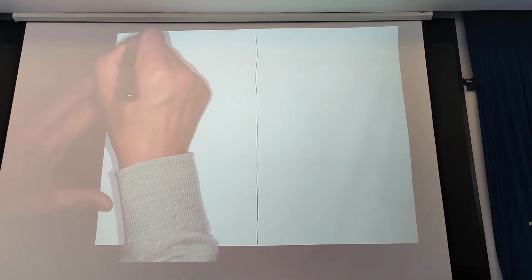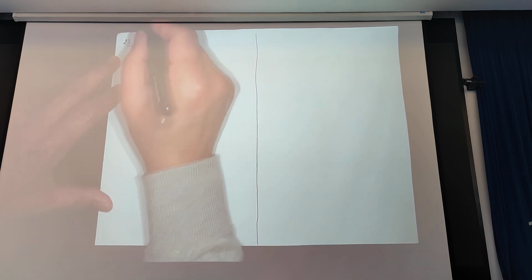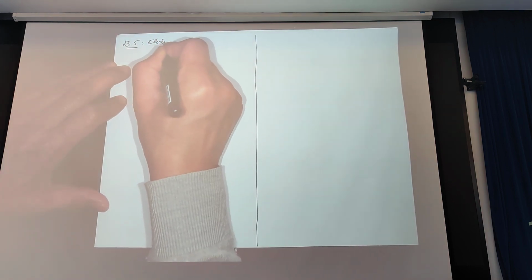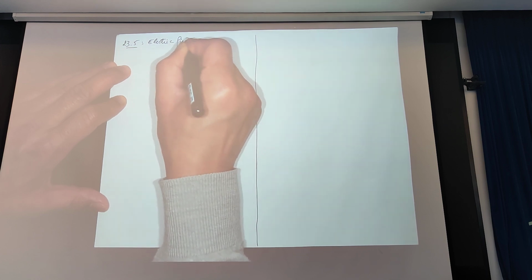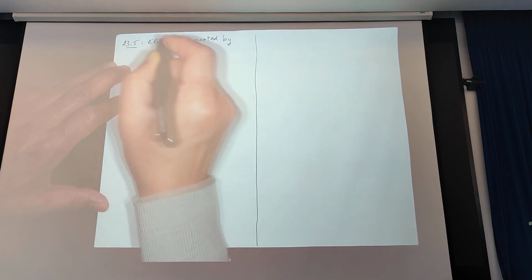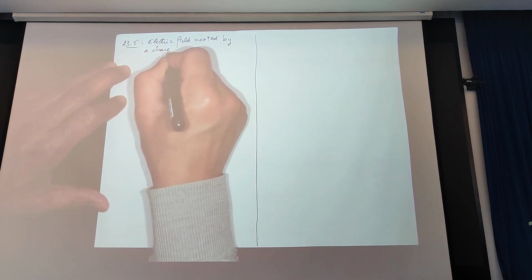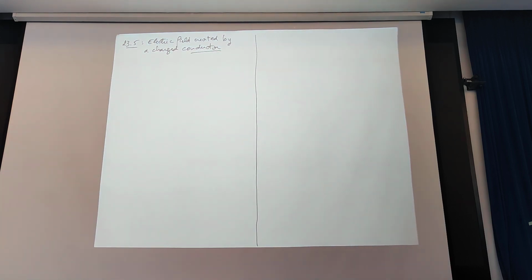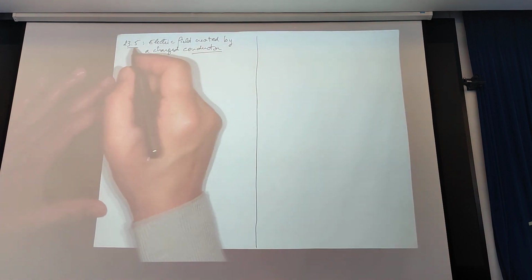Okay, so this is chapter 23, part 25. The electric field created by the charged conductor.